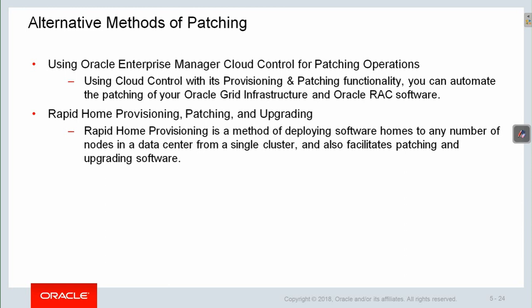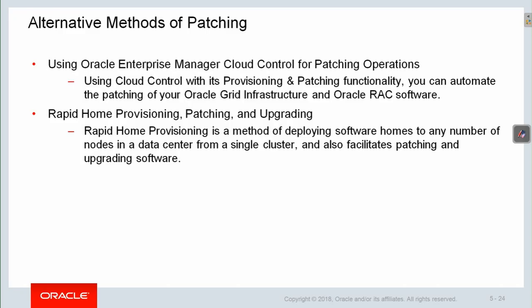For example, we can create a working copy by creating an ACFS snapshot. We can also export the downloaded patch or patch set to the Rapid Home Provisioning client, which could be a RAC client or a standalone client.